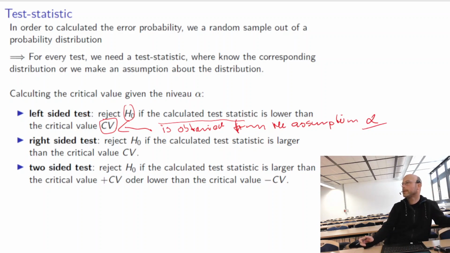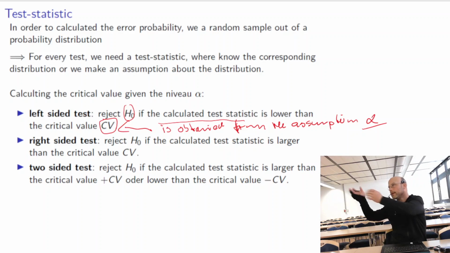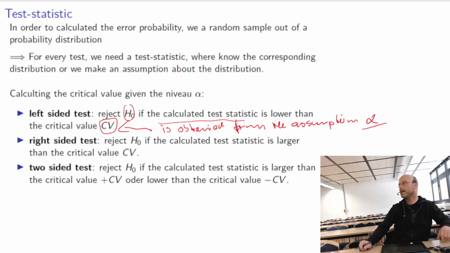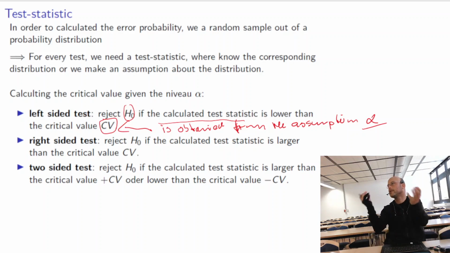So this always changes if I say up to a level of 99%, 95%, 90%, 99.9%, and so on. Then I always have to compare with different critical values. And this, again, I can do left-sided, right-sided, or two-sided.